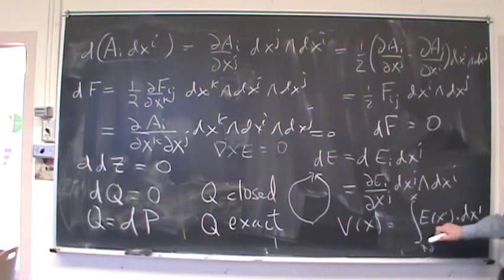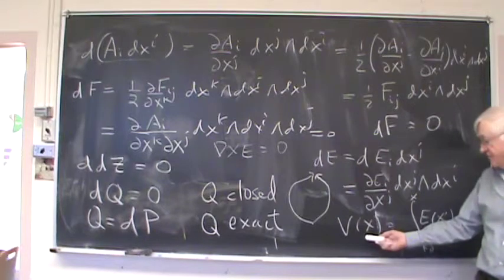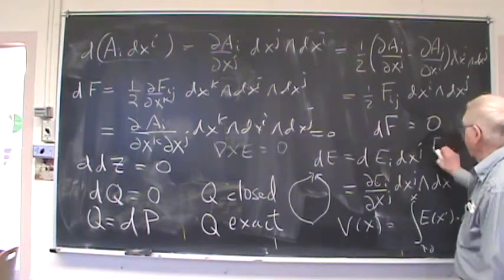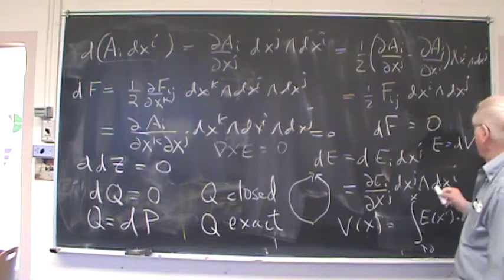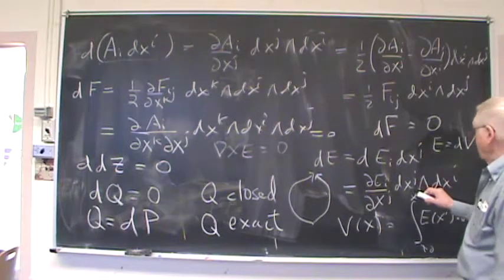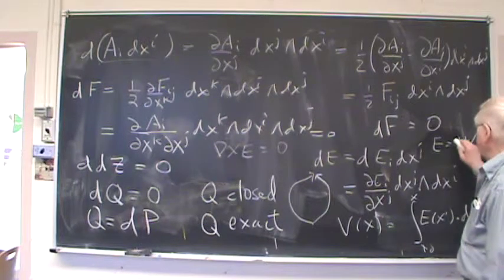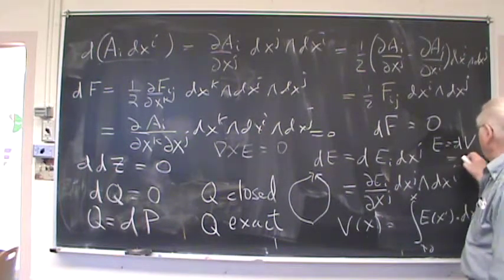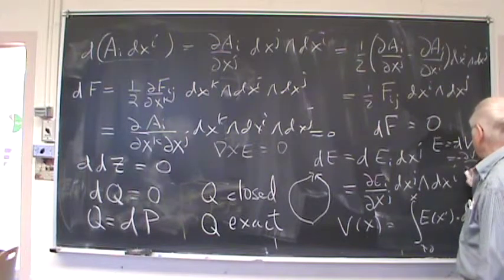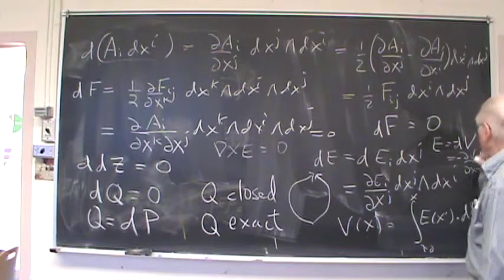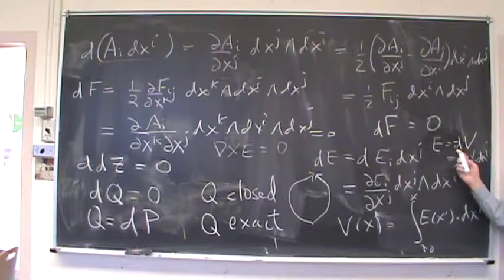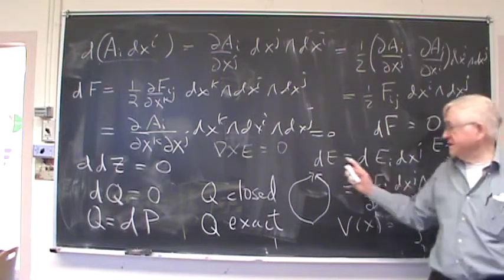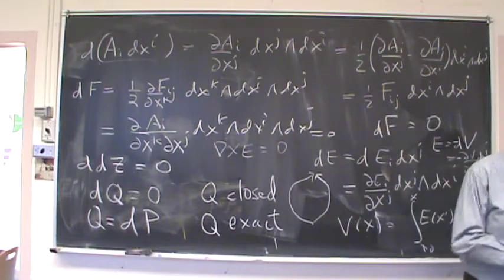If the curl of E vanishes, it's path independent, and then E is minus dV, minus partial_i V dx^i. And of course, then dE is 0 because it's d squared on V. Okay, all of that is fine.